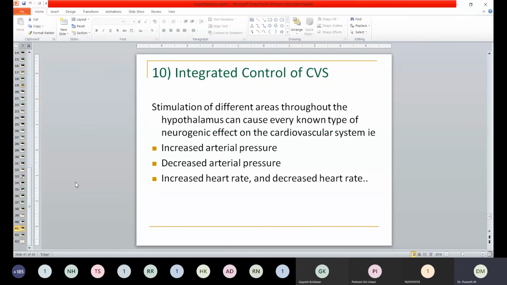Some areas may increase arterial pressure, others may decrease arterial pressure. Similarly, some areas can increase the heart rate and others can decrease it.